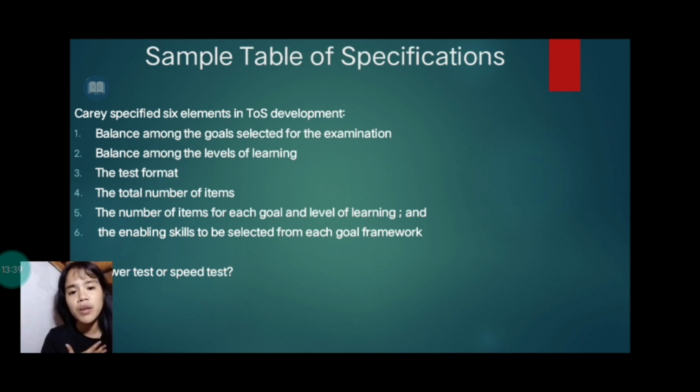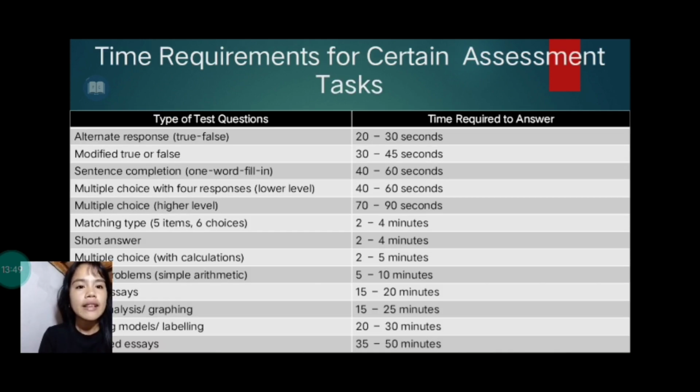We have to evaluate our assessment to make it valid. And there are time requirements for certain assessment tasks, a type of question and the time required to answer, so that our assessment becomes more valid and strong.